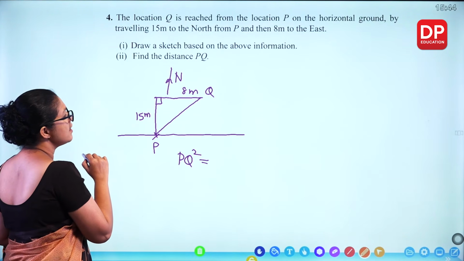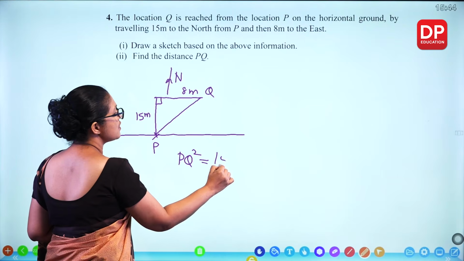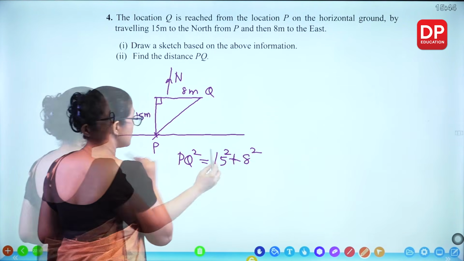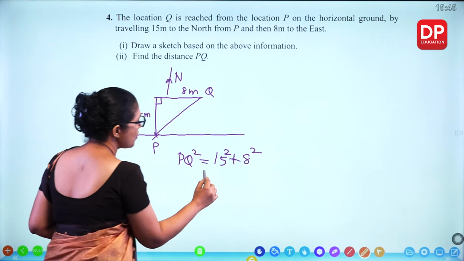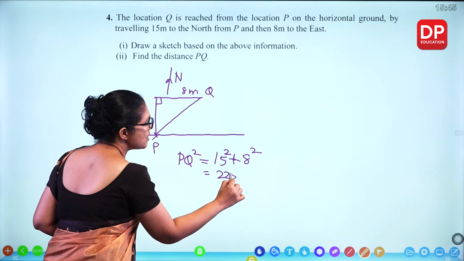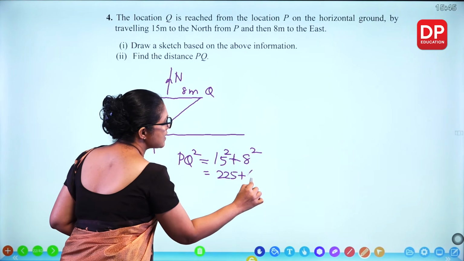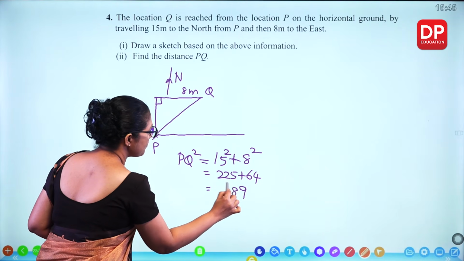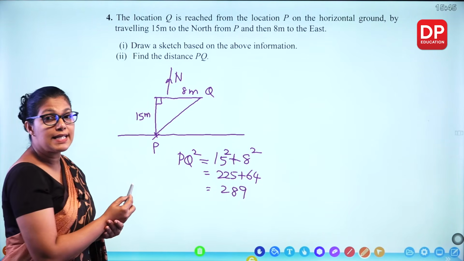PQ squared is equal to 15 squared plus 8 squared. 15 squared is 225 plus 64. You get 289.